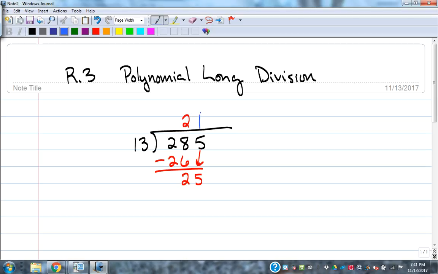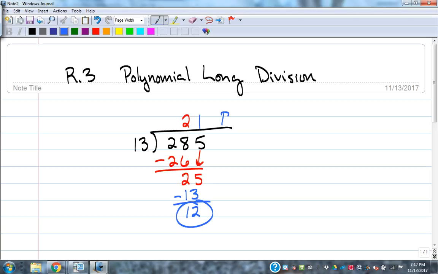Then what do we do with that 1? We multiply it to the stuff in front and get 13, and then we subtract again. And we get 12 this time. Is this smaller than what we divided by? Yes. So that's our remainder.